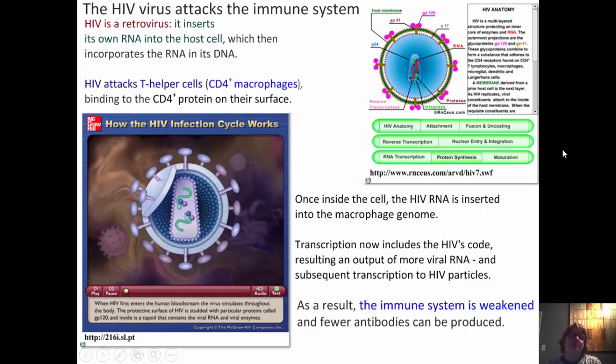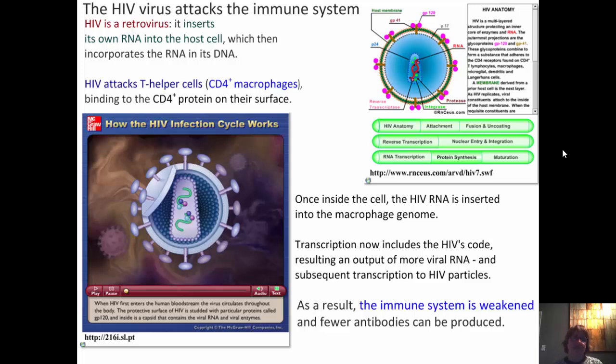All right, so I'm going to give you some information about HIV. The HIV virus attacks the immune system. It's called a retrovirus, which means it inserts its RNA into the host cell and makes the host cell incorporate the RNA and turn it into DNA. When it does that, it then attacks our T helper cells.